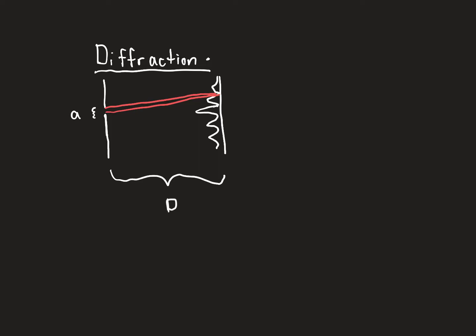But this gives you an equation, an equation that looks very similar to one we just talked about. It gives us an equation, m times lambda equals a times sine of theta. We'll do some rough approximations to get an idea of what this picture kind of looks like.